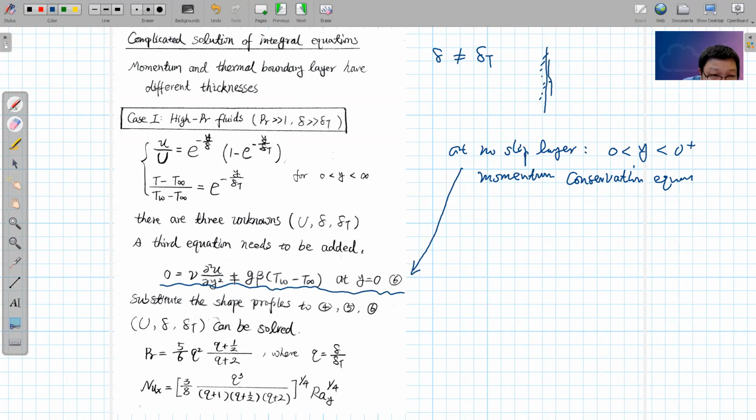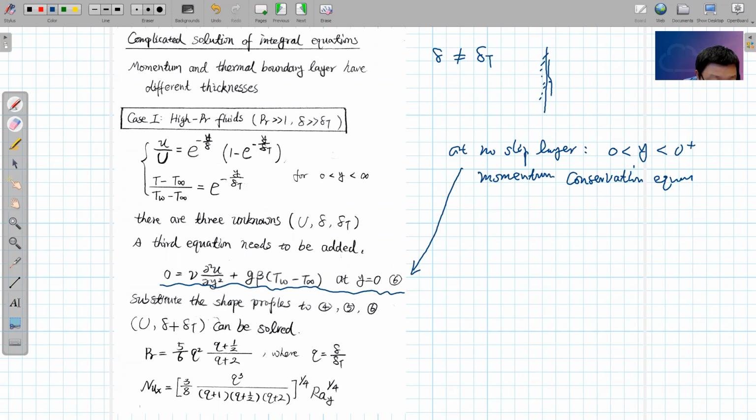Okay, so you substitute these two assumed shape functions for the velocity and temperature into equation 4, which is the momentum integral equation, equation 5, which is the energy integral equation, and equation 6, this newly added equation here.